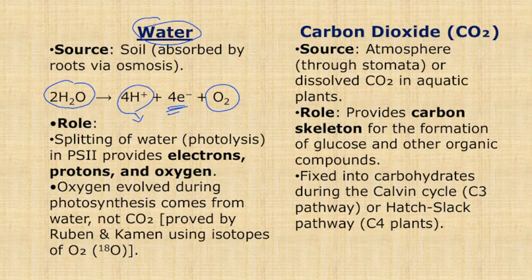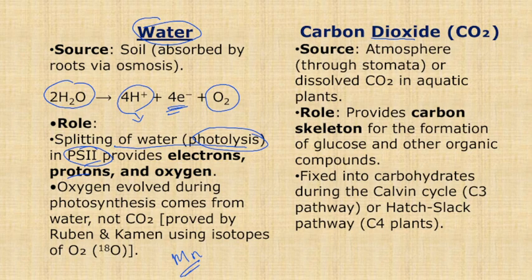The splitting of water is photolysis. Photolysis takes place inside photosystem 2, and for this we need manganese ion. Manganese ion is necessary for the photolysis reaction to occur.